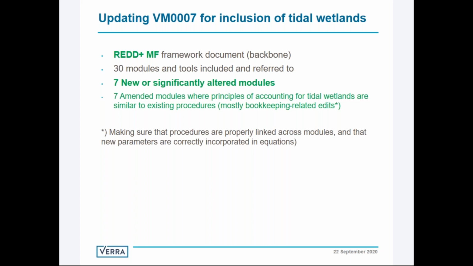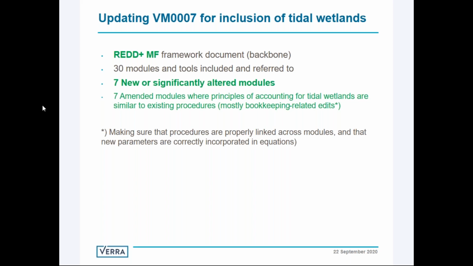I'm going to show a number of slides with lists of modules to make you aware of which modules were added, were new, and which modules were significantly changed to include tidal wetlands, and others that had only relatively small edits for, let's say, bookkeeping related issues.